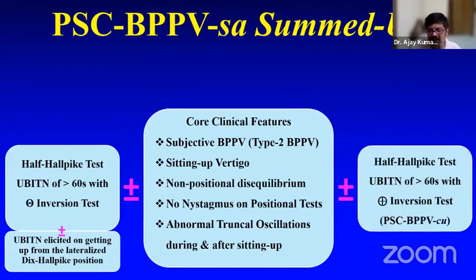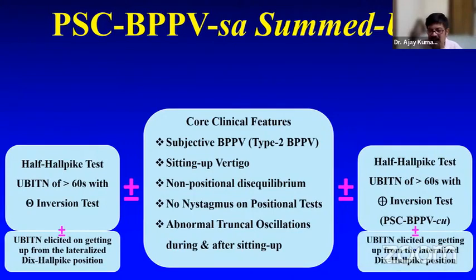Some of these patients may be associated with posterior semicircular cupulolithiasis, where we get upbeating ipsitorsional nystagmus for more than 60 seconds with a positive inversion test. And some of them may have upbeating ipsitorsional nystagmus on getting up from the lateralized Dix-Hallpike position.